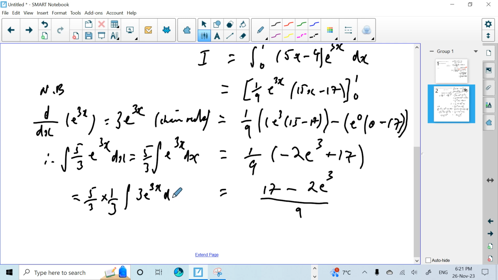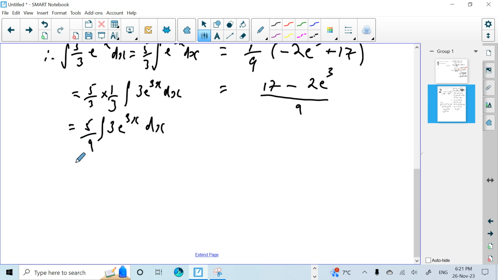That's the adjustment and compensation made. And that's where I got the 5 over 9 times the integral of 3e to the 3x dx, and of course plus c. So just a little note there to clarify where a lot of that working came from.